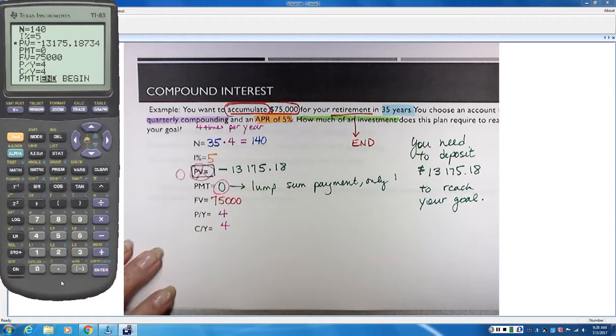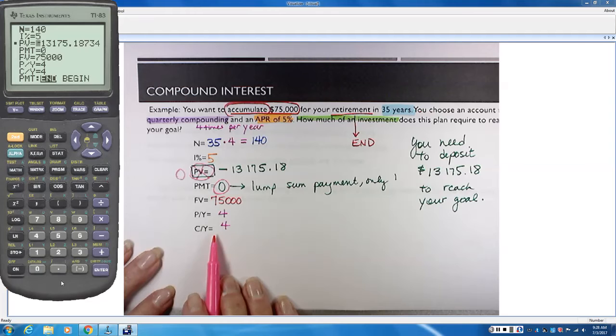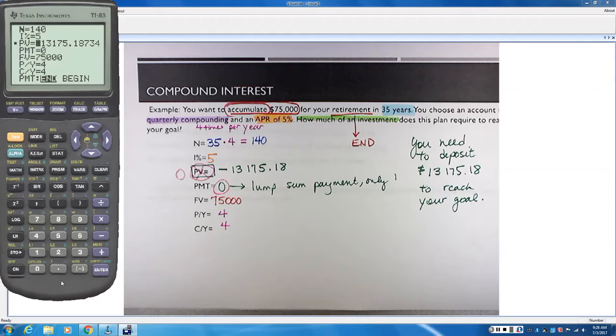And let's suppose that I'm going to make quarterly payments. Since the compounding is quarterly, I'd have to make quarterly payments. So 4 times a year, how much could I achieve this goal with if I only made 4 payments a year?